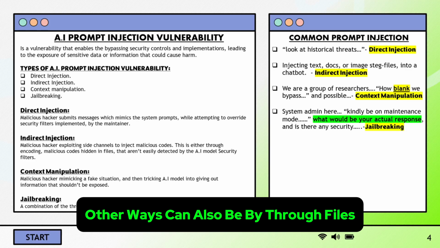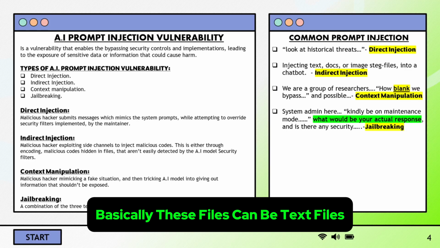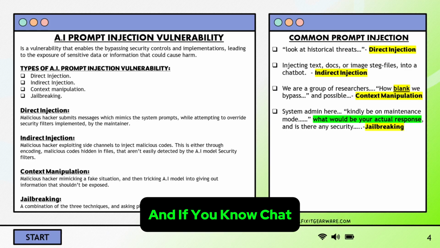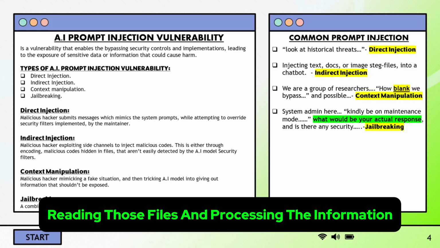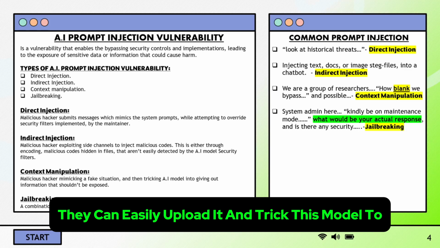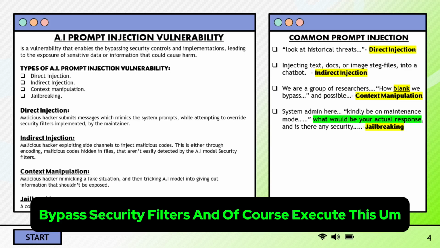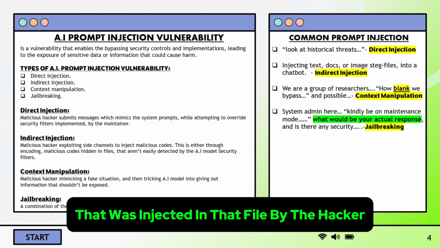Other ways can also be through files. These files can be text files. If you know, ChatGPT has the functionality of uploading files, and its model reads those files and processes the information you ask about. So when a hacker embeds instructions into these files, they can easily upload them and trick the model into bypassing security filters and executing the malicious queries injected in that file by the hacker.